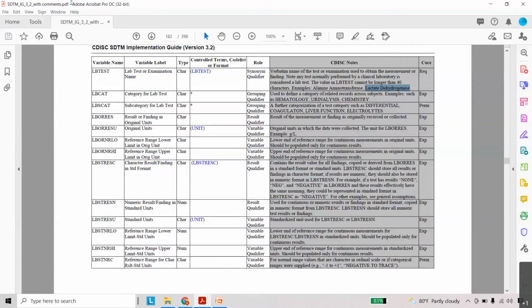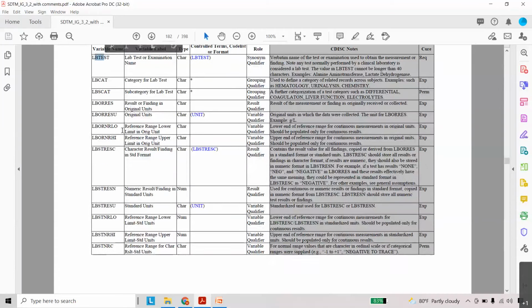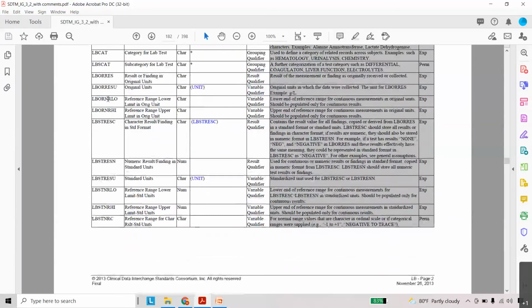And you see here, laboratory subcategory is a permissible variable. You may not expect this variable in every study, but lab category and lab test are compulsory and required.